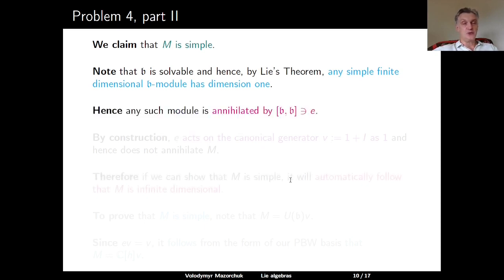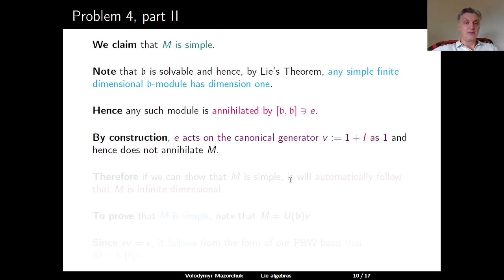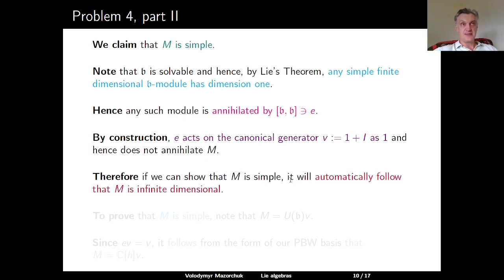And on all such modules, the commutant of B with itself must act as 0, and this commutant contains the element E. But by construction in our module, the canonical generator, which is just the image of the identity element, E acts on this canonical generator as 1 by definition, because E minus 1 annihilates it. And so E does not annihilate our module. This means that our module, if it is simple, cannot be finite dimensional. It will automatically be infinite dimensional.